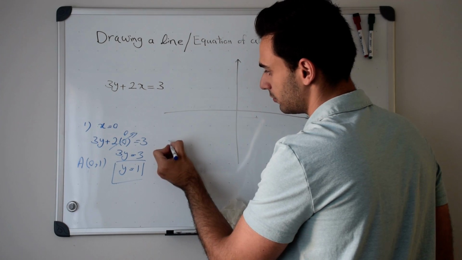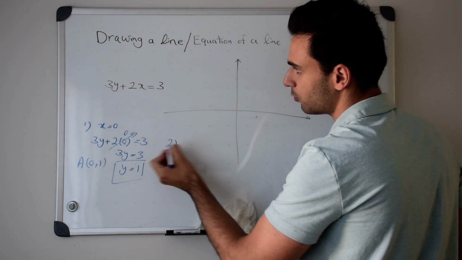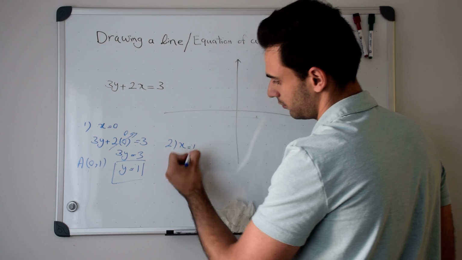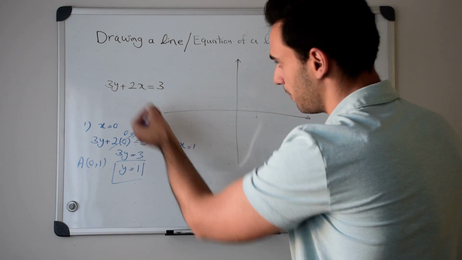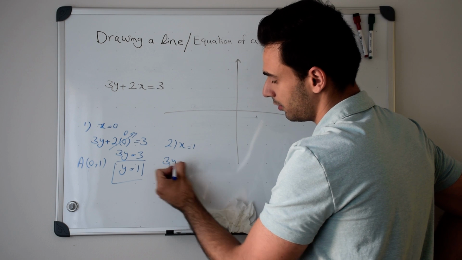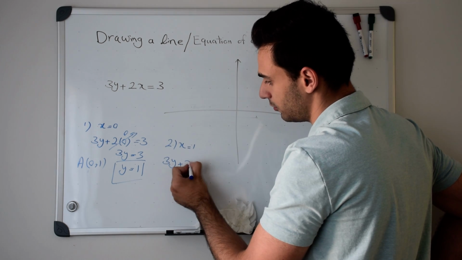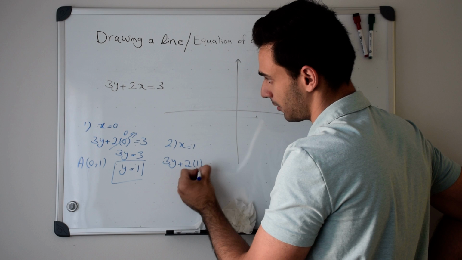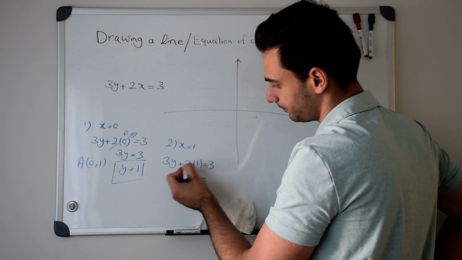Step number 2. I give x 1. If I plug 1 into x, what will we have? I have 3y plus 2 multiplied by 1 equal to 3.